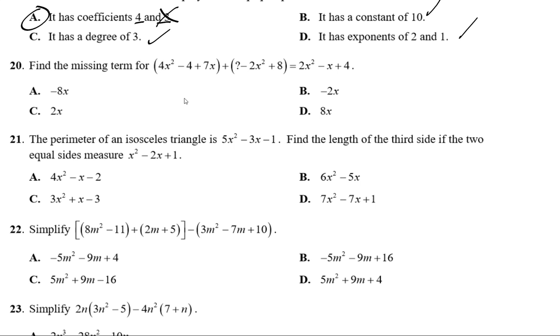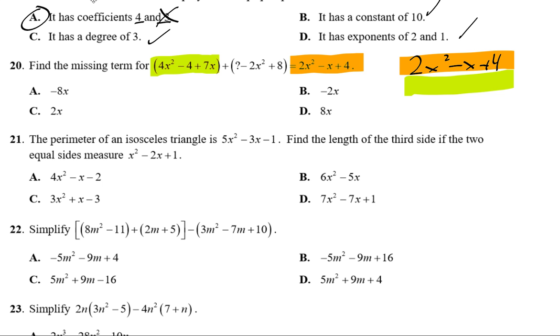20, find the missing term for this plus something is that. This is a subtraction problem, right? We take our sum. That's this one right here. And we subtract the one we know, which is going to go in there. So that's 4x squared minus 4 and 7x. I'm lining them up with the x's and the constants and the x squareds all together. 4 minus -4 is 8.